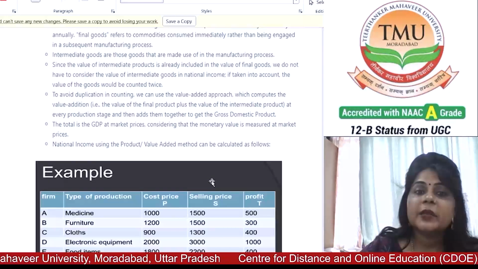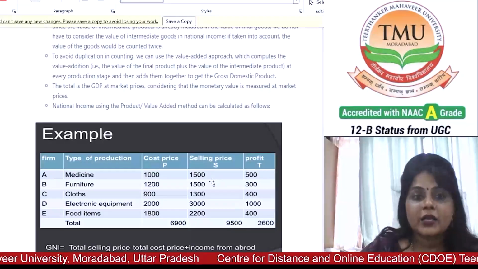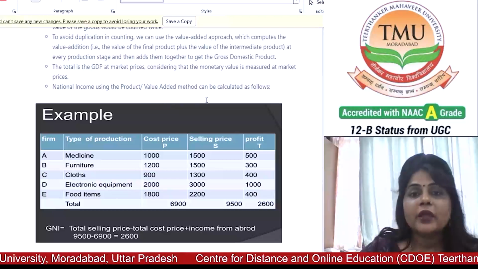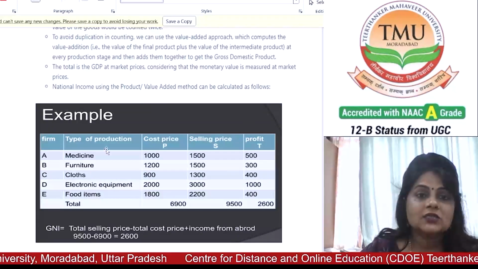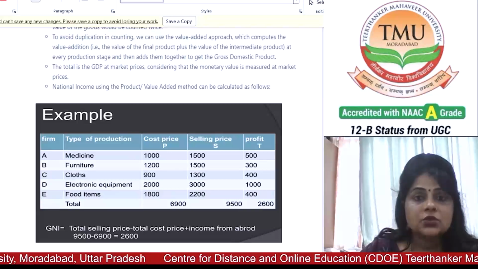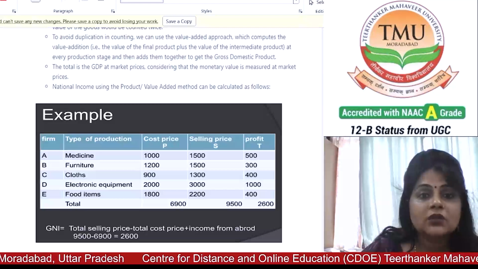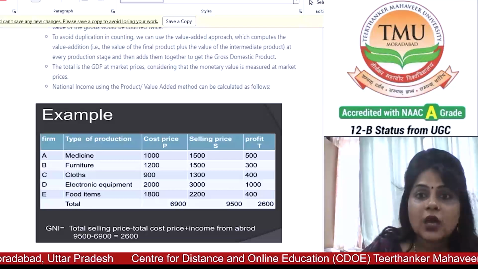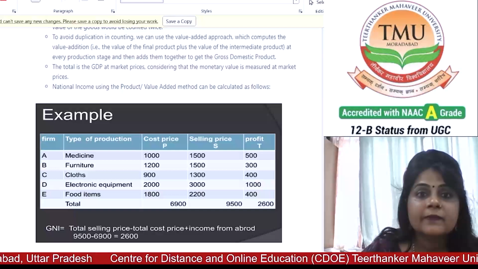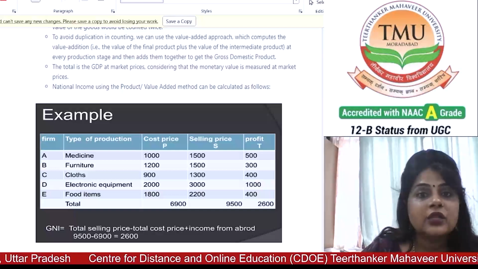The total GDP at market price is the monetary value measured at market price. National income using the product and value added method can be calculated for different types of production, which is shown on the screen. Medicines: cost price 1000, selling price 1500, profit 500. Furniture: cost price 1200, selling price 1500, profit 300.